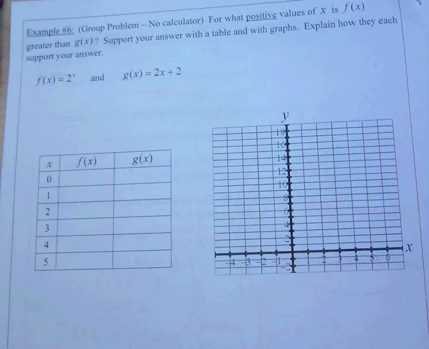Or you can explain it verbally to your partners. It's up to you. You can either write it in sentence form or explain it to your partners. But you want to explain what's happening in the table and the graph to answer the question.